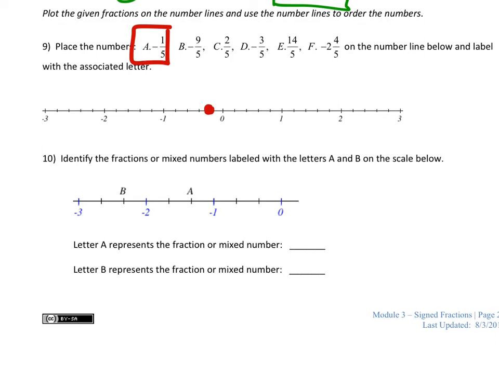That's one part out of the 5, and it's in the negative direction from 0. Negative is to the left. Next up, we got this B, which is negative 9/5. Now again, each of the marks represents one of the fifths. That's negative. So from 0, we're going to go to the left 9 of the fifths. 1, 2, 3, 4, 5, 6, 7, 8, 9. And that is where the next point would be B.